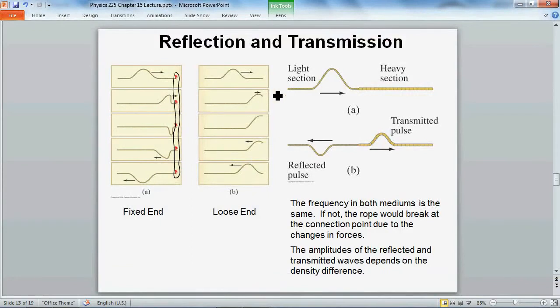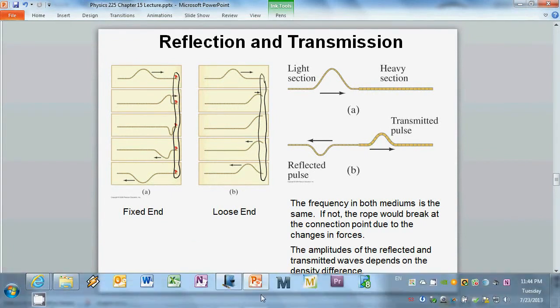Now the other possibility is having a free end, where this end is allowed to move, and when this happens, the wave pulse doesn't invert itself. It goes back in the same orientation as it was traveling to the right. So these two different possibilities make the pulse do two different things.